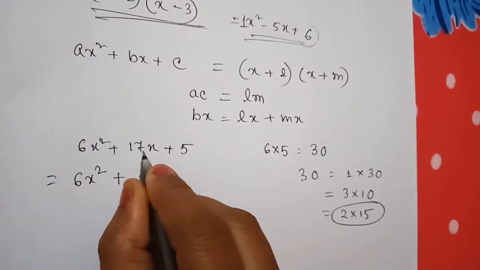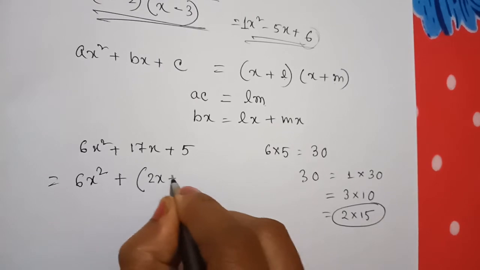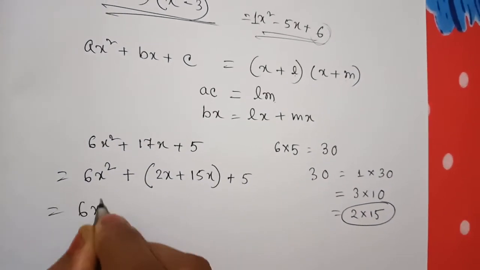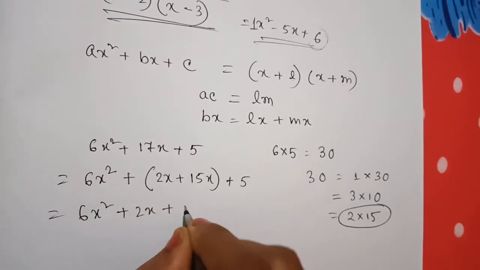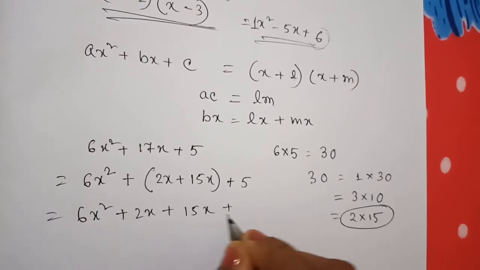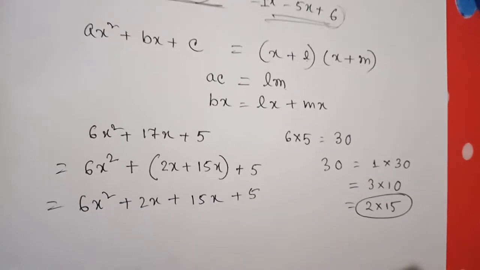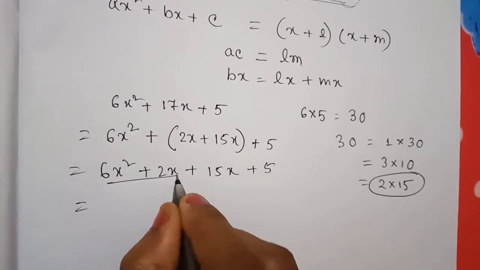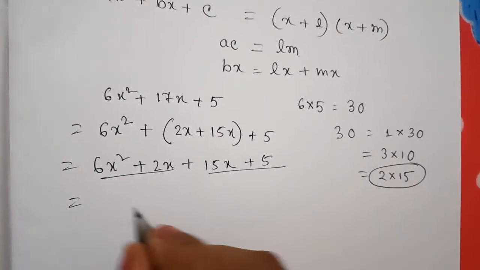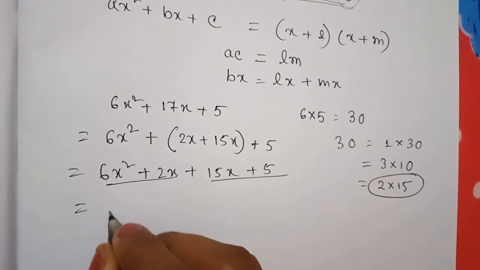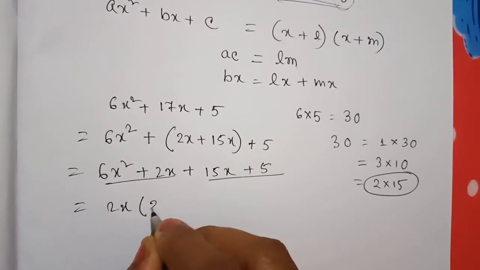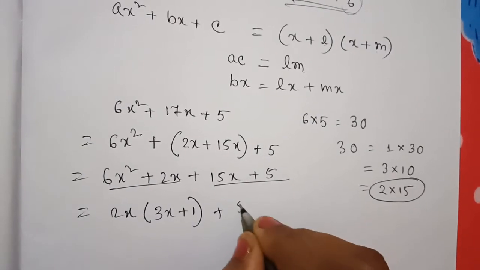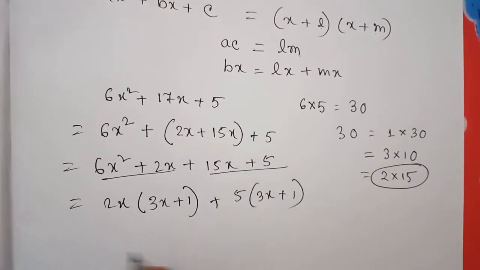That means we will go for it. 6x square plus 17x we will write as 6x square plus 2x plus 15x plus 5. You can omit the bracket here because all are positive signs, so it doesn't matter. From the first two terms we will take 2x common, then we are getting 3x plus 1. From the last two we will take 5 common, then 3x plus 1.